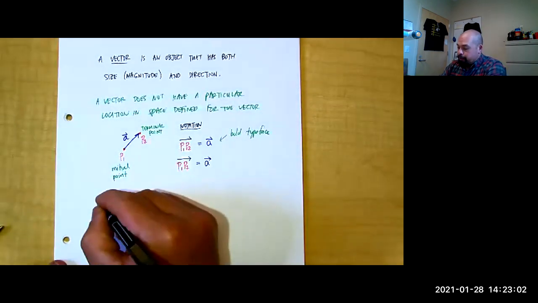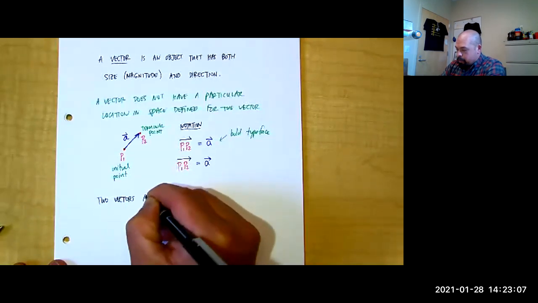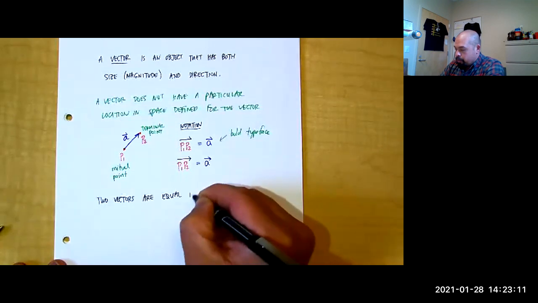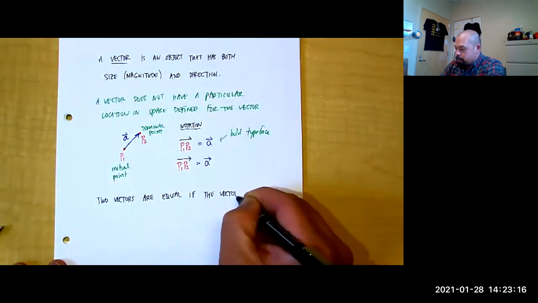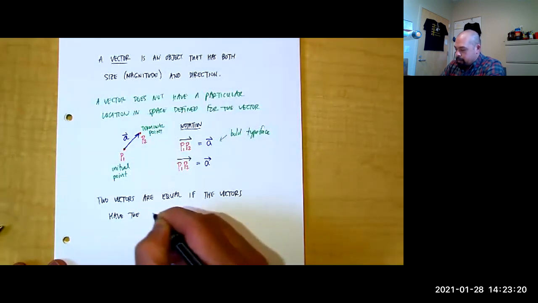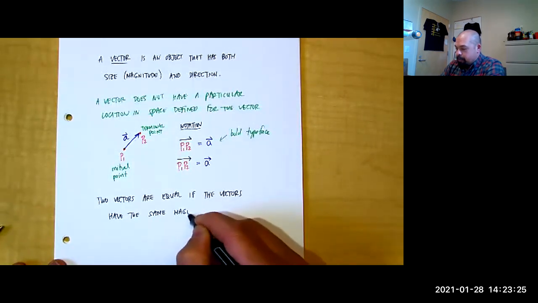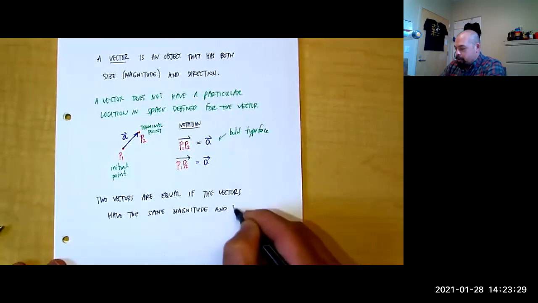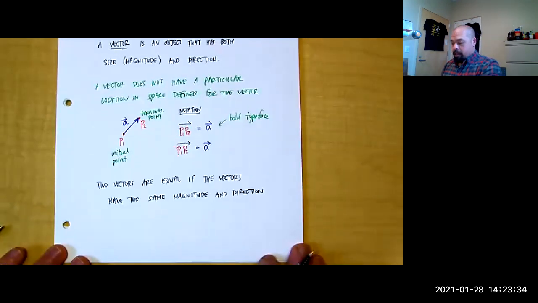And so here, two vectors are equal if the vectors have the same magnitude, the same size, and direction. They don't necessarily have to be laid on top of one another.